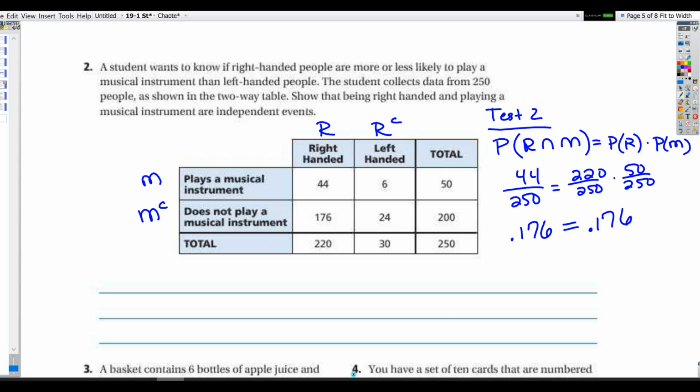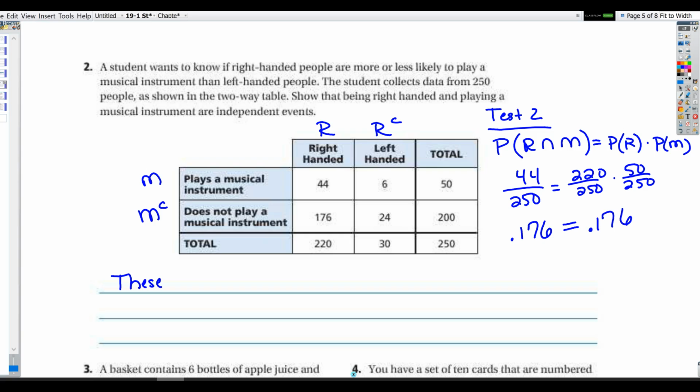Equality implies independence, yes. So, do you use the second test because it's telling you that they're independent? No, I just used the second. Very good question. I just wanted to show you one of each. I could have done the other one, and I would get the exact same results. So if I had done the first test, where the probability of being right-handed, does that equal the probability to be right-handed given they play a musical instrument?